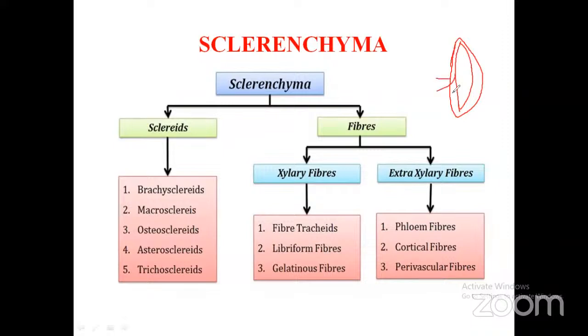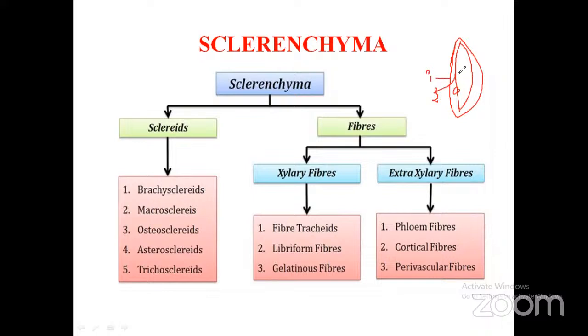But in parenchyma and collenchyma, only the primary wall layer is present. For example, this is primary and this is secondary.